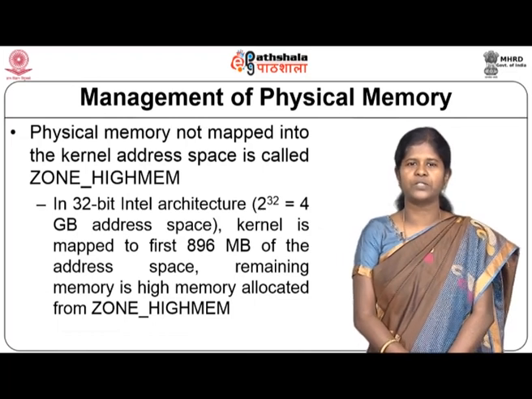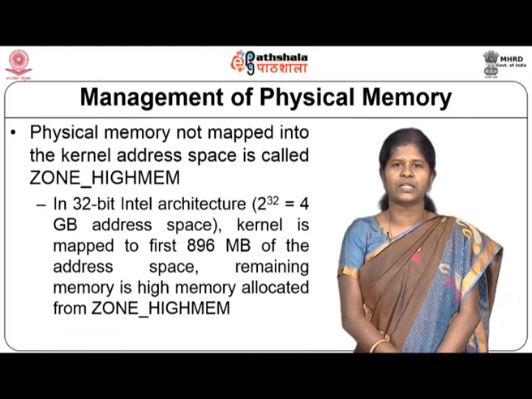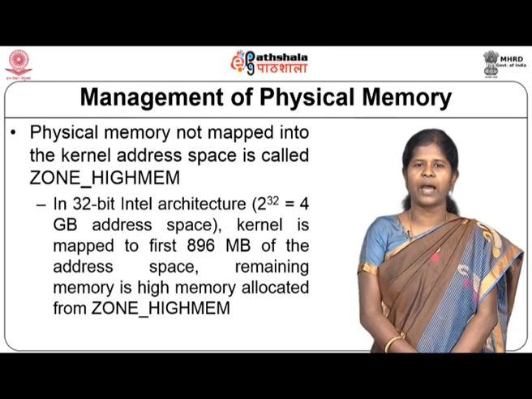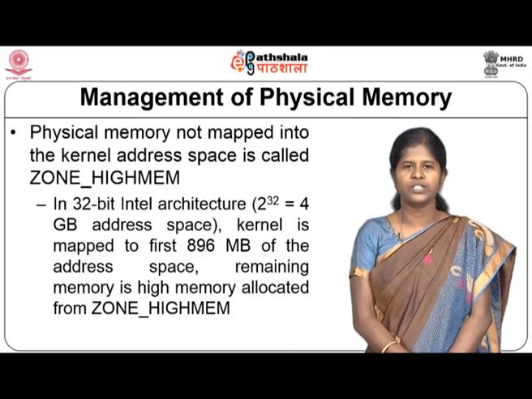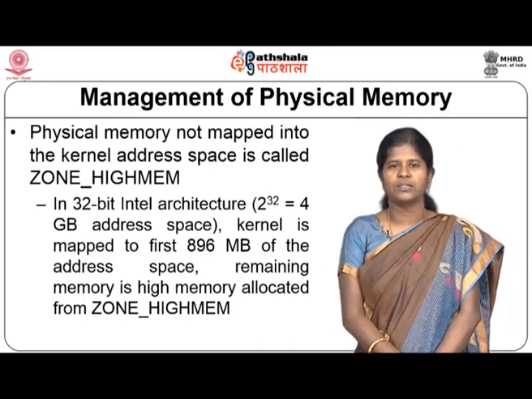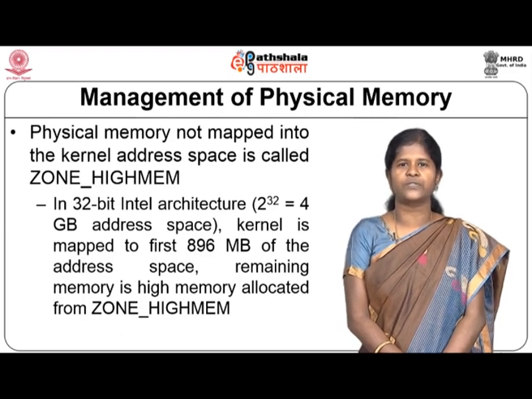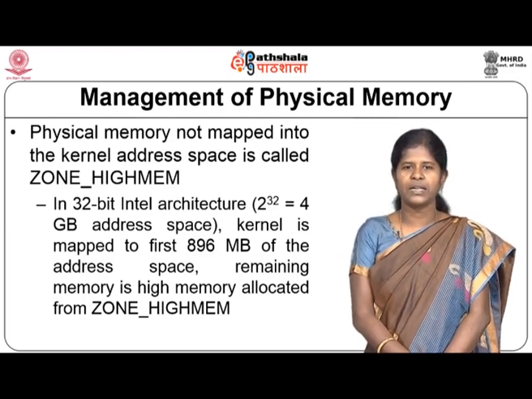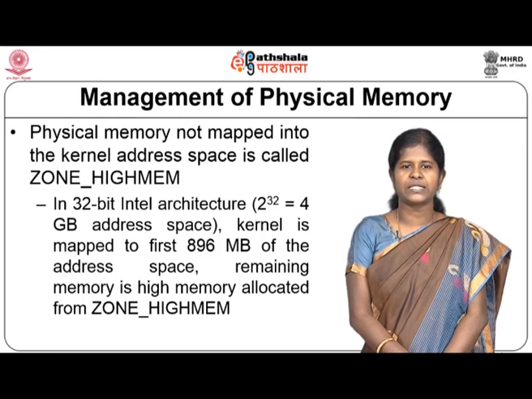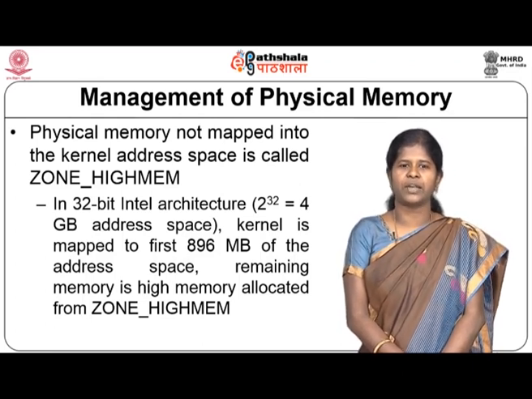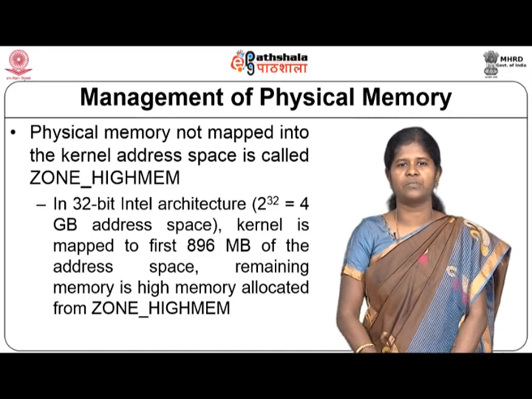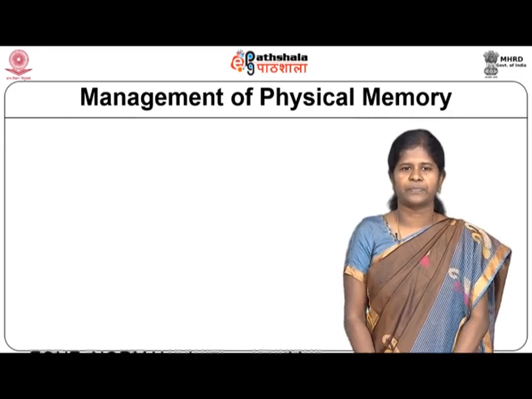The physical memory which is not mapped into the kernel address space is called the zone high memory. In the 32-bit Intel architecture, we see that 2 power 32 is 4 GB. The kernel is mapped to the first 896 MB of the address space, and the remaining memory is high memory, and it is allocated from zone high memory.